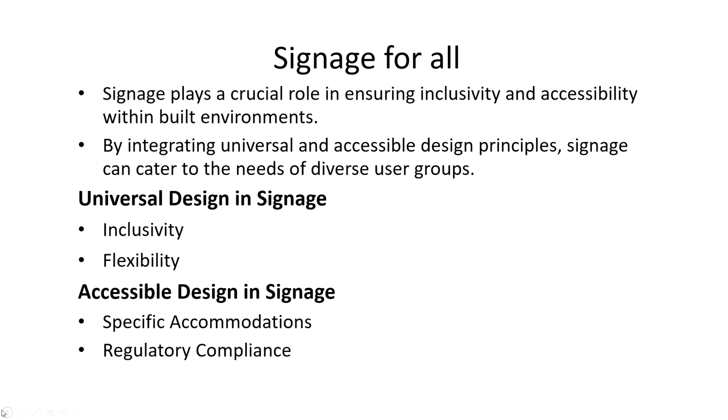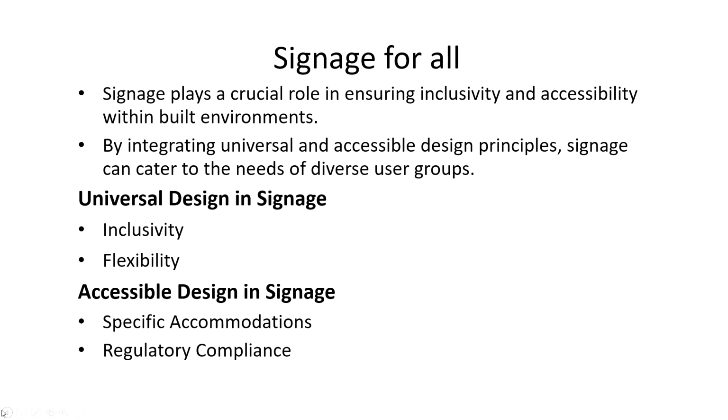So, signages must comply with the relevant regulations such as ADA, the Americans with Disabilities Act, especially in the US, and NBC in India, to ensure that legal accessibility standards are met. This compliance ensures that the signage installations are accessible to individuals with disabilities.